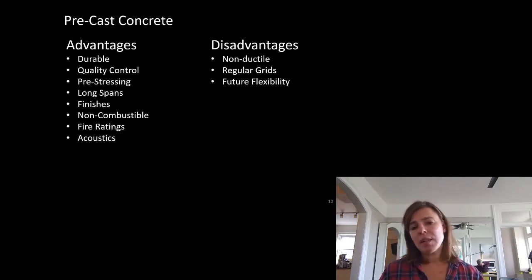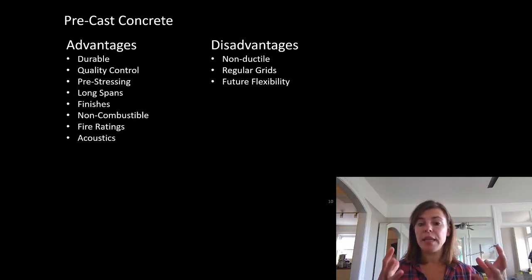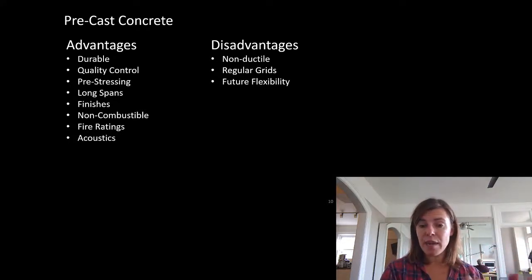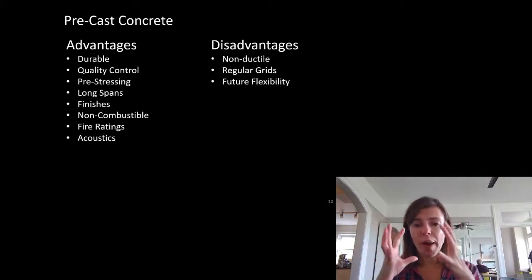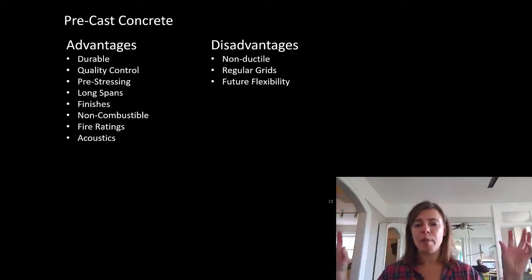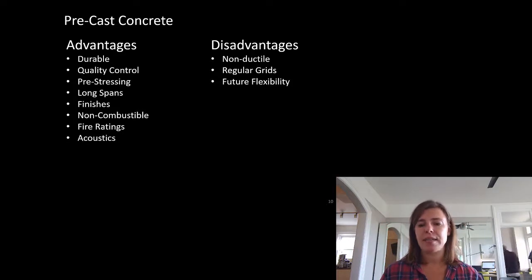So precast, we're not going to spend a ton of time talking about precast. It's not one of the predominant construction methods. It's durable. There's lots of quality control because they literally, like steel, make it inside a building and bring it to site. The really big thing about precast is we can pre-stress it. So concrete is really great in compression, absolute crap in tension. In fact, we say it has 0 capacity in tension, but in compression, it is fantastic.